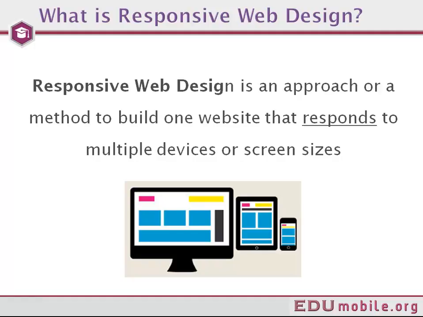So we can build different layouts depending on that. It's really helpful, and in my opinion it's much better than having your regular website and then a mobile website. Why not just have one and have it adapt to the screen sizes?